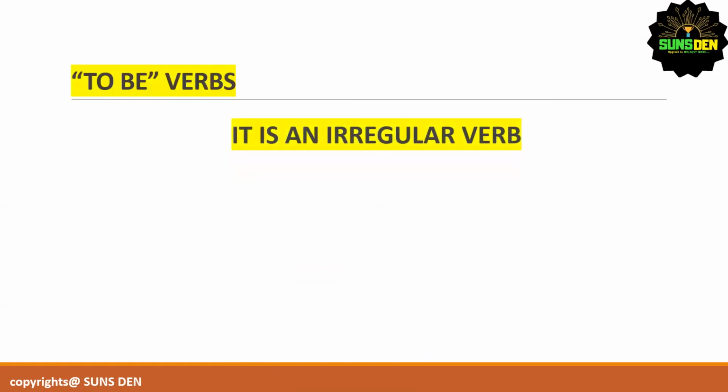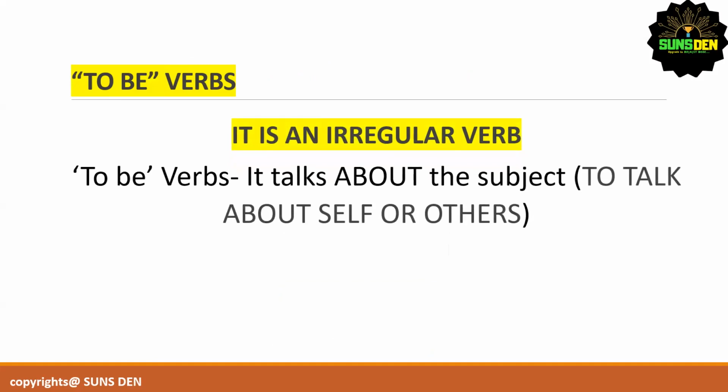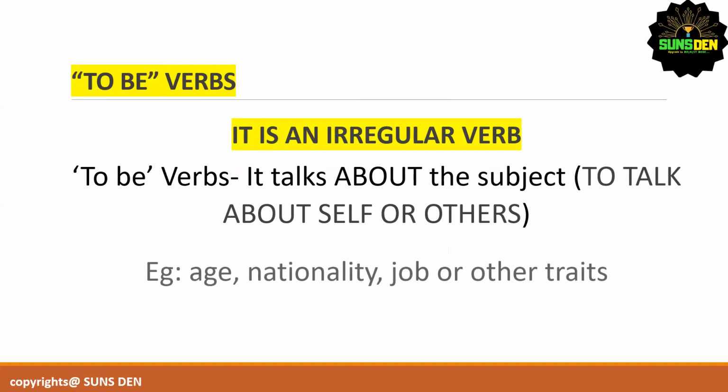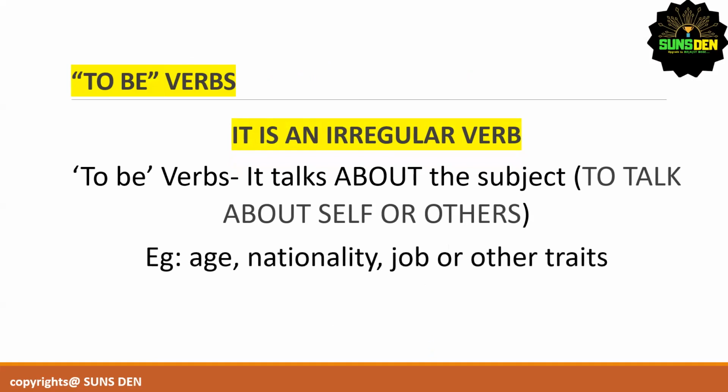It is an irregular verb, and that's why you can't add ed and get its past tense. It talks about the subject, especially about the age, nationality, job, and other traits.